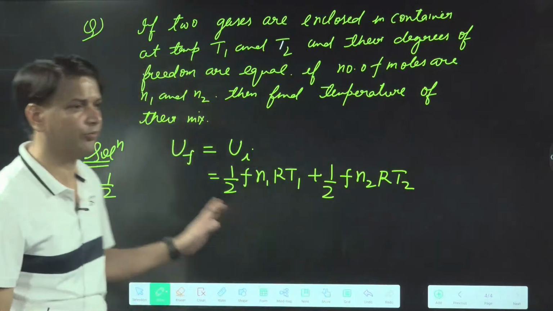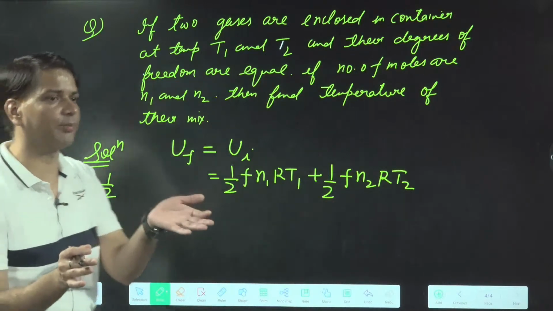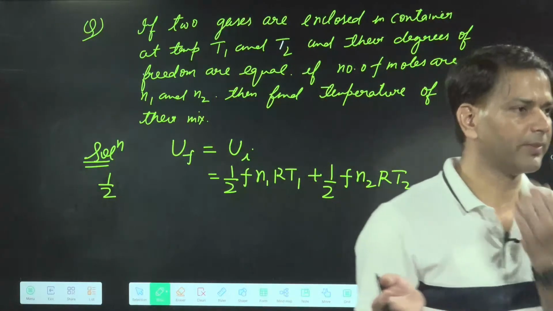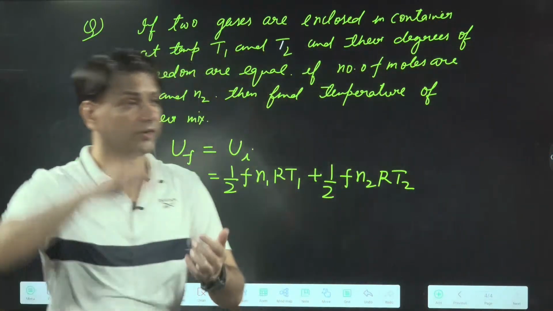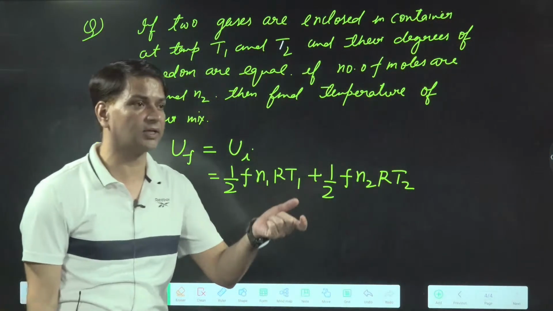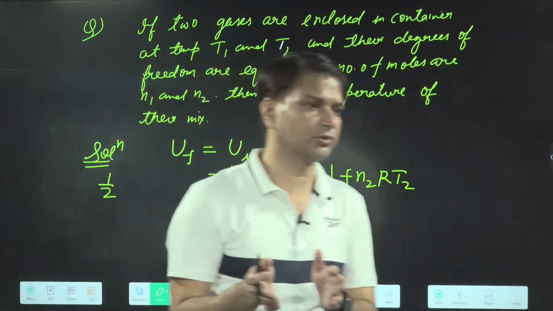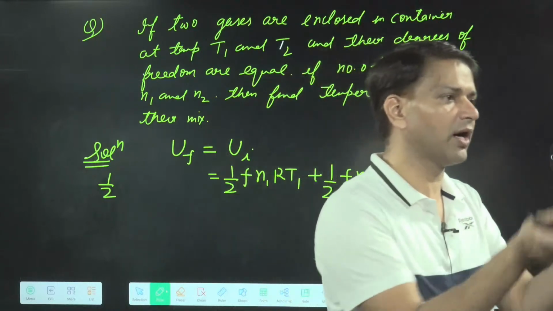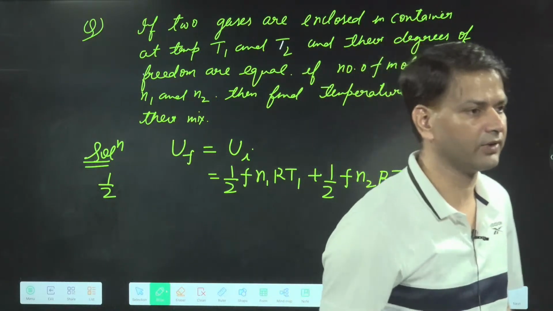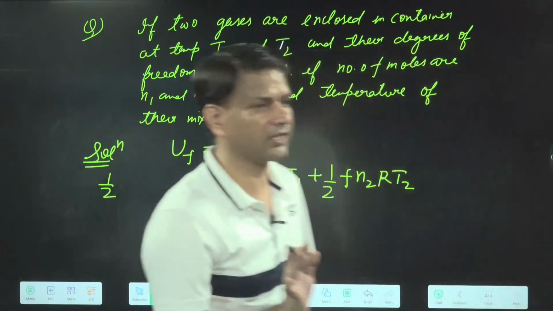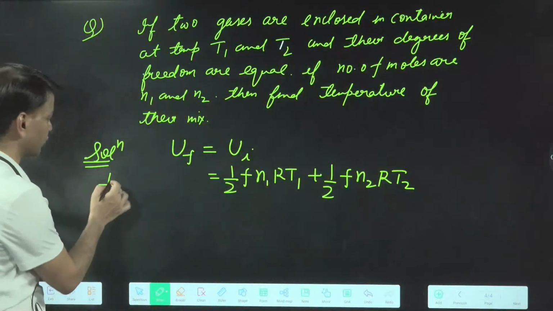If you are mixing diatomic gases, the final mixture will be diatomic, so the degrees of freedom remain the same. If you mix different gases, there is a problem, but here you are mixing gases with the same degrees of freedom, F and F, so ultimately the degree of freedom will be F.